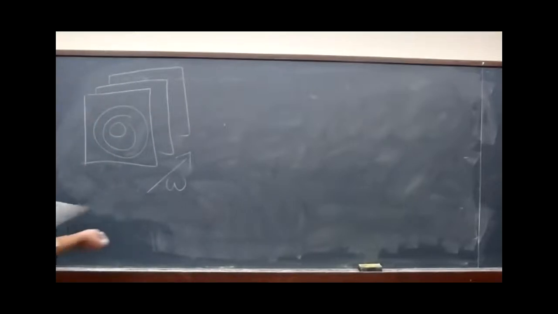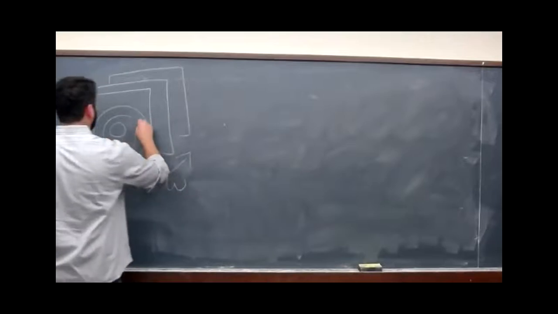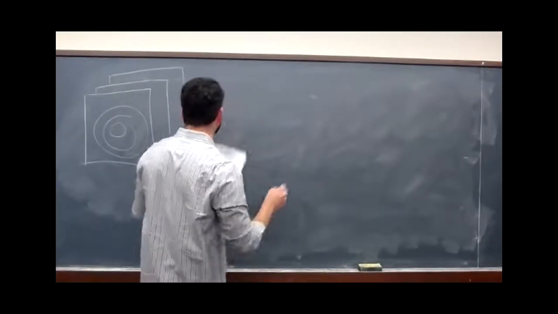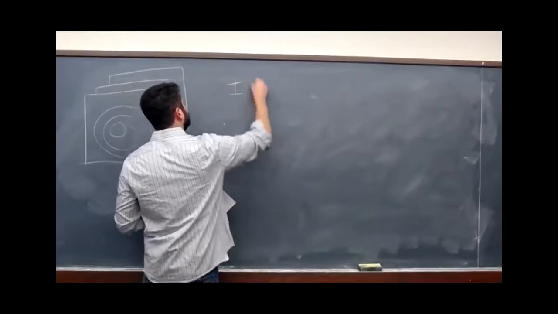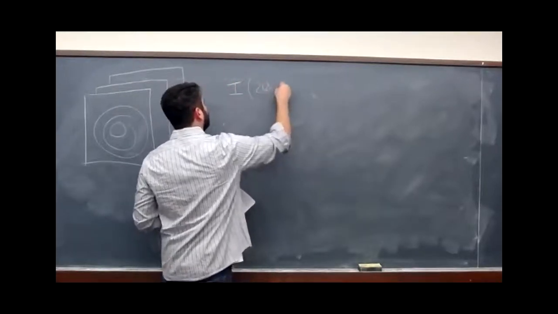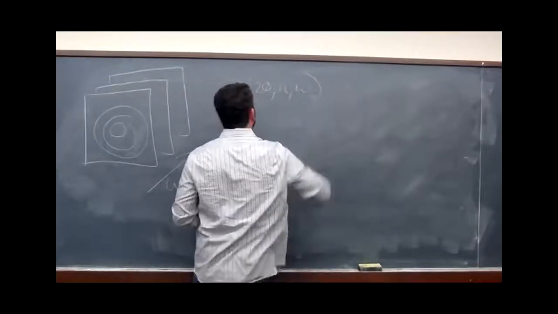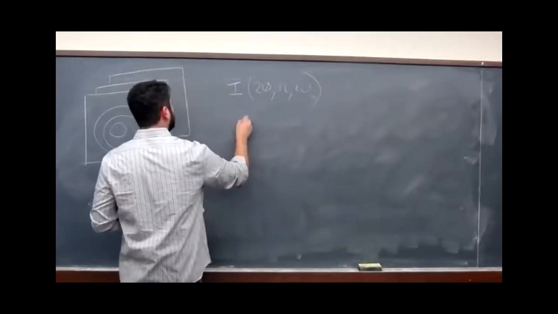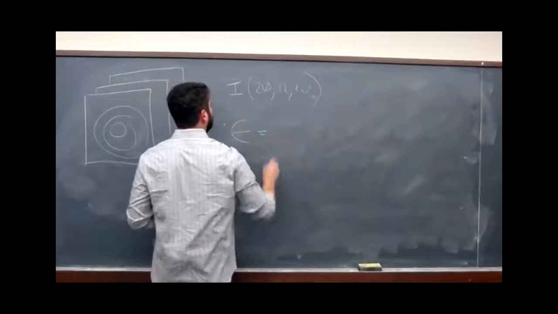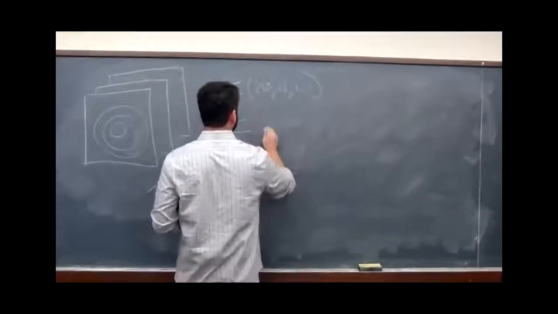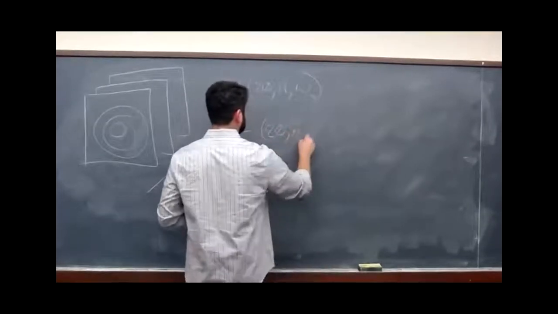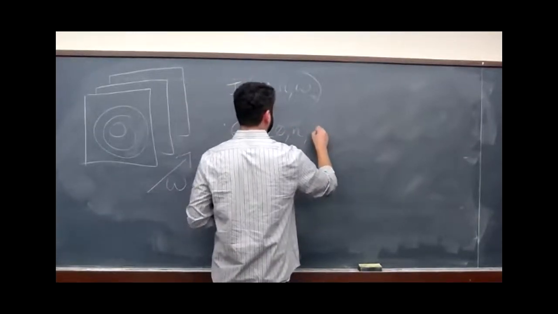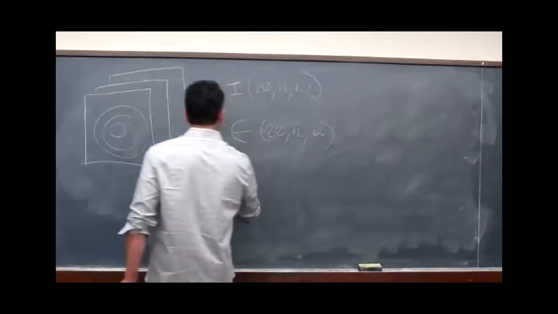And so along the ring and along our set of frames, we might have values of intensity as a function of 2 theta, eta, and omega, or lattice strain, or maybe peak width.